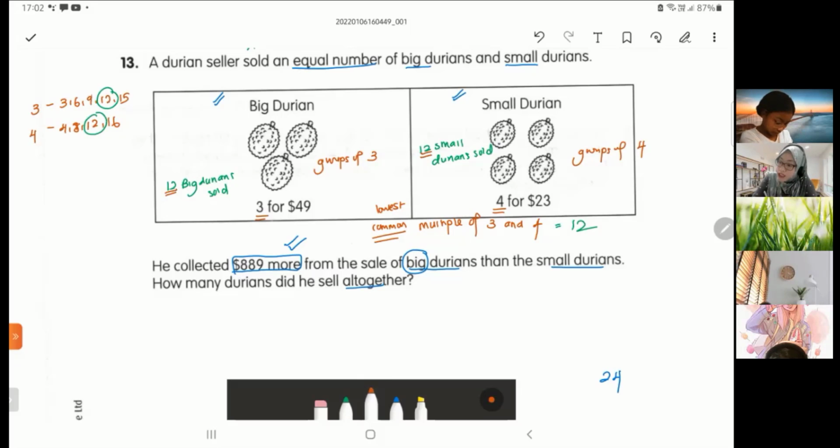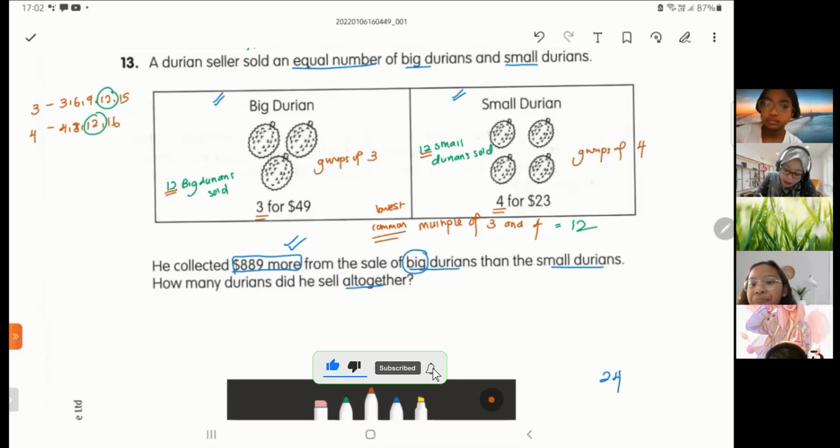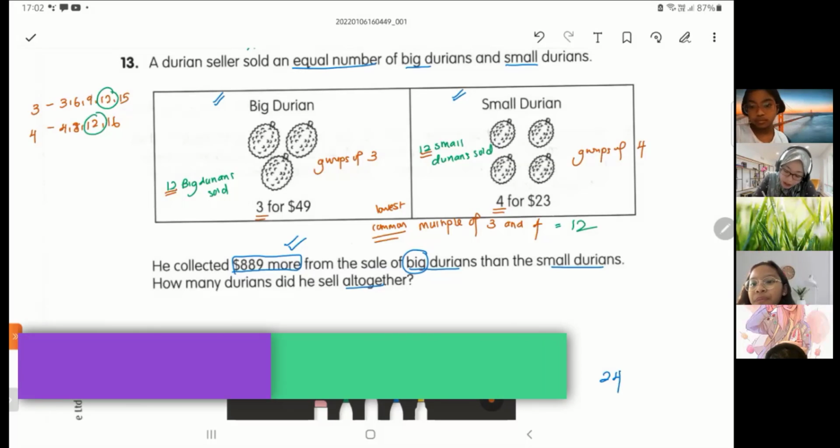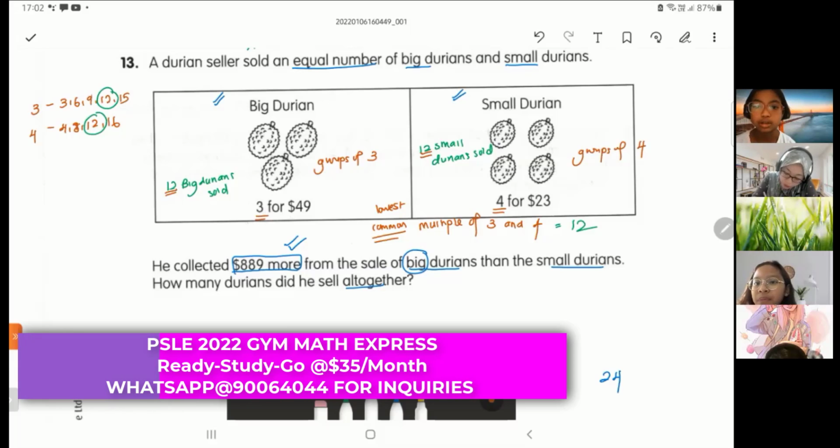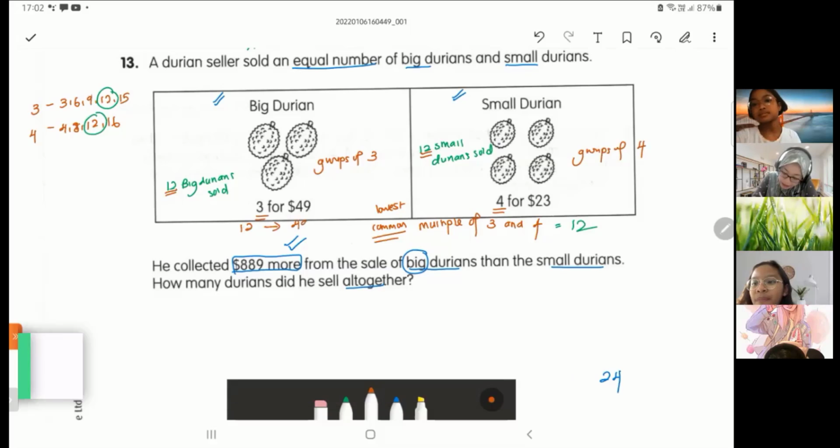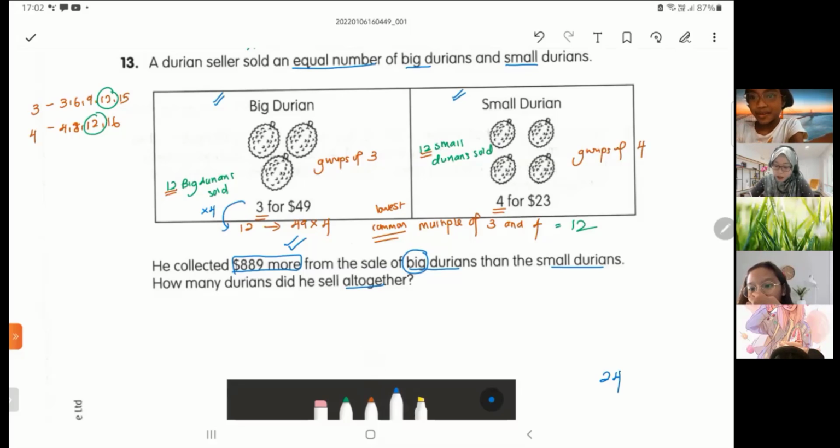Okay, this one is 3 for $49. Now, to find my 12 big durians means I need to times it by 4, right? So 3 is $49. 12 will be 49 times 4. Why is that so? Because 3 to 12, I times 4. Get it? Okay.